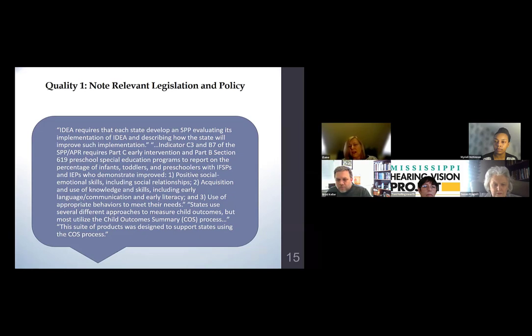So you'll see that it's very detailed in terms of making an explicit linkage between the product or service that's being provided and then the legislation, or in this case, also the indicators that it's being linked to. So please try to be explicit for the panel and identify some specific legislation or policy that's driving the service.